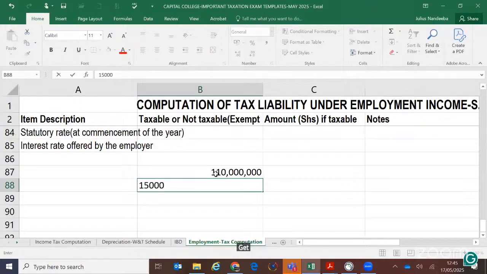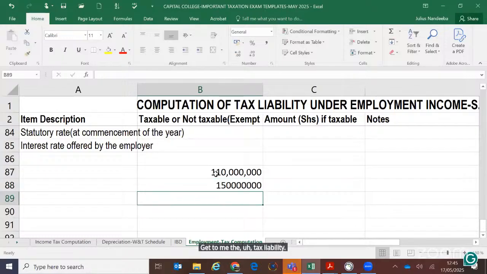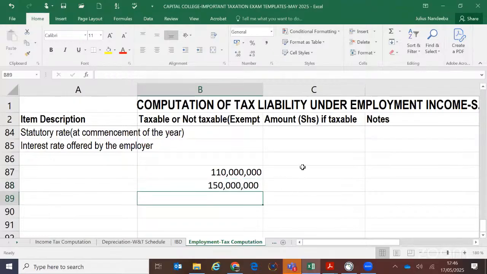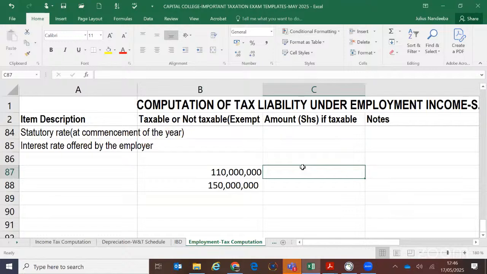Get me their tax liability. And they are all residents. And this is for a year. You actually calculate it as if it were a year, and you also calculate it as if it were a month.